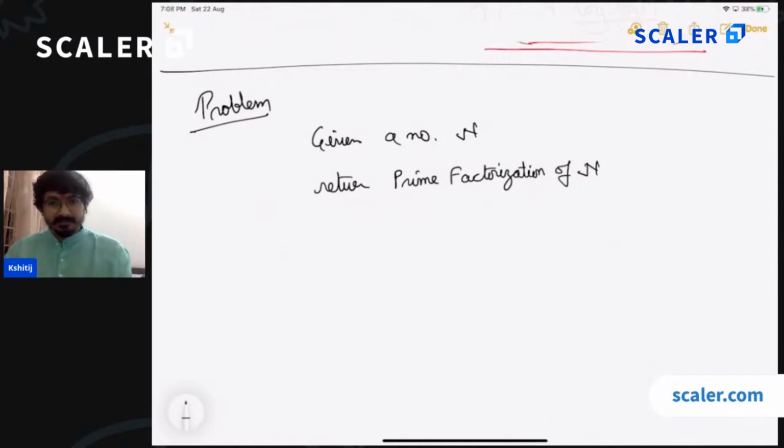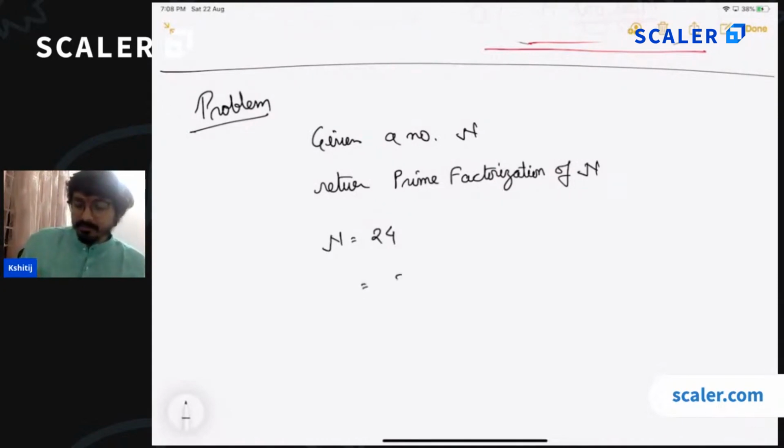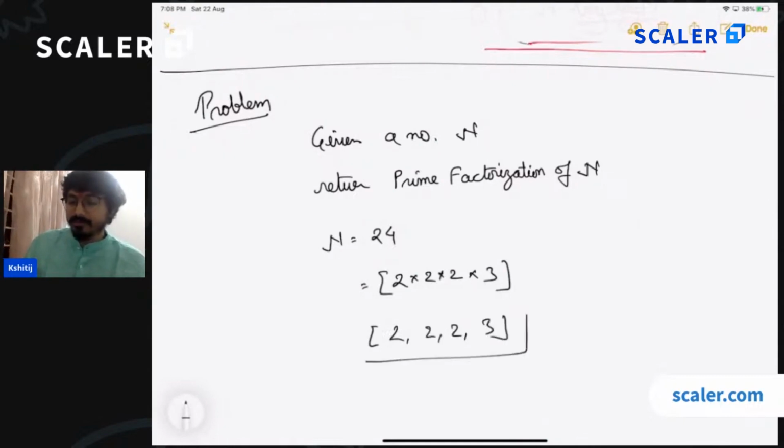Is everyone clear with this? So if I give you n is equal to 24, what would be the prime factorization of 24? 24 can be written as 2 into 2 into 2 into 3. Basically 8 threes are 24, and 8 is nothing but 2 raised to power 3. So the prime factorization of 24 would be 2, 2, 2 and 3. This is what you have to return.